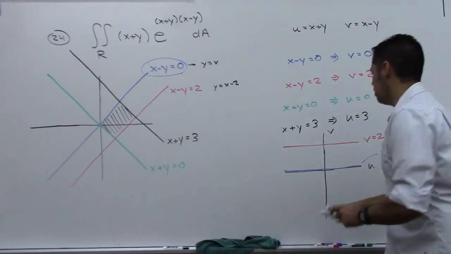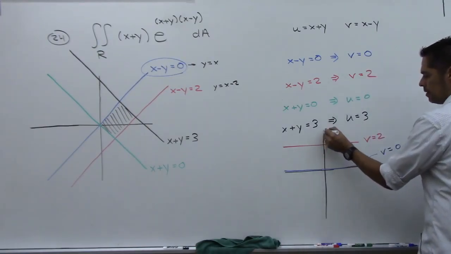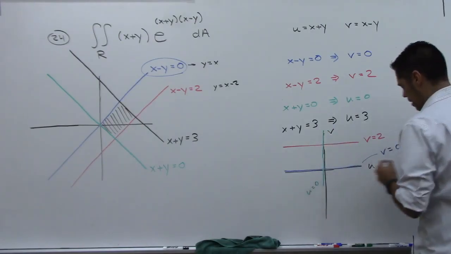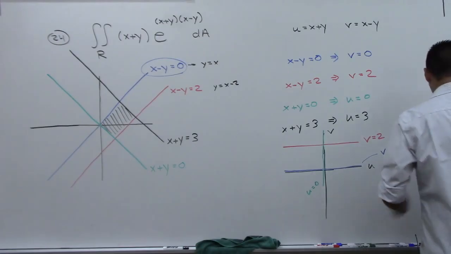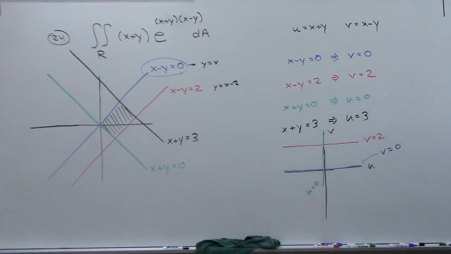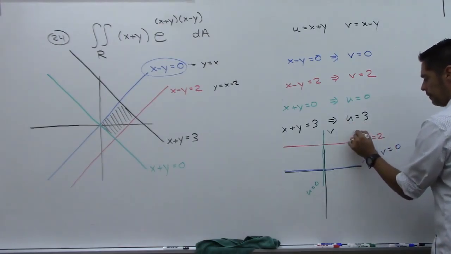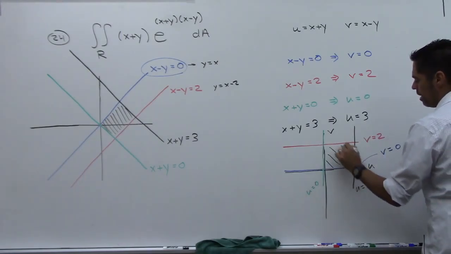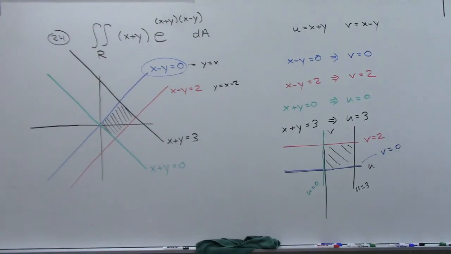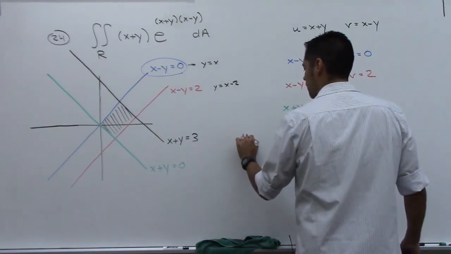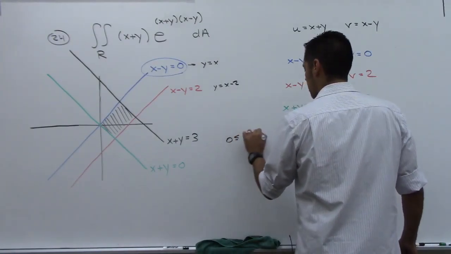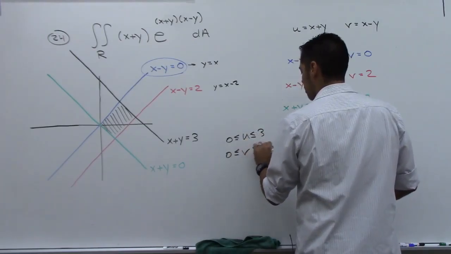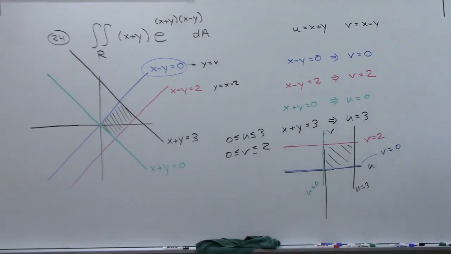The green one, u is 0, which means this one. And then the last one, u is 3. And you can see it's a nice rectangle. I know my u's are between 0 and 3, and my v's are between 0 and 2. That's going to be a nice integral.